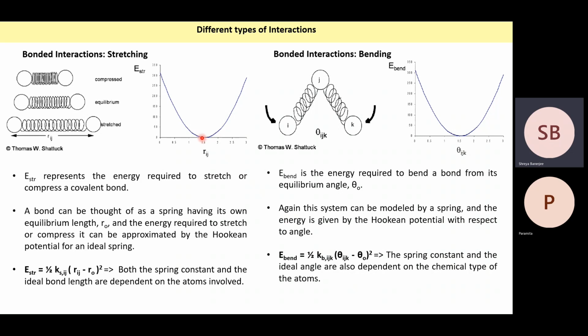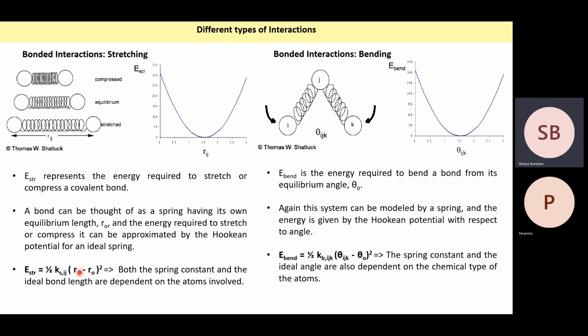If you go to longer lengths, that is, you are stretching the bond, the energy will increase. Or if you go to shorter lengths, that is, you're compressing the bond, the energy will again increase. So on either side of the equilibrium bond length, the energy will increase and it follows Hooke's potential for an ideal spring. This energy of stretching is represented by a formula which is half K (Rij minus R0) whole squared, where K is a constant which depends on the kind of atoms involved and on the type of bond, if it's a single bond or a double bond.